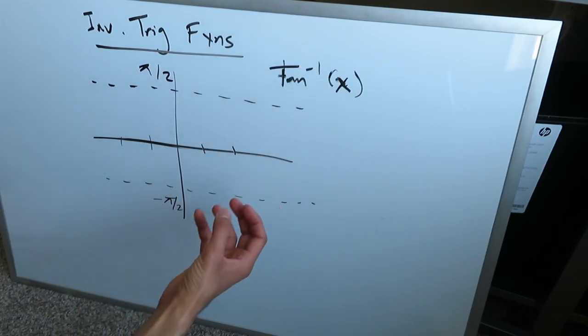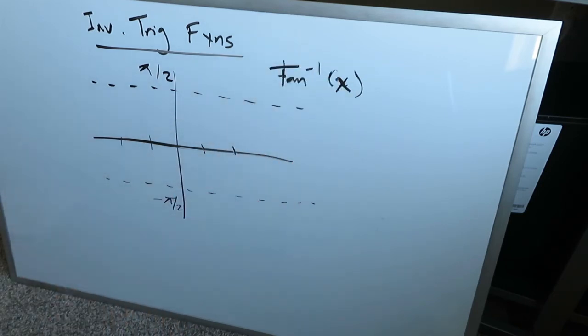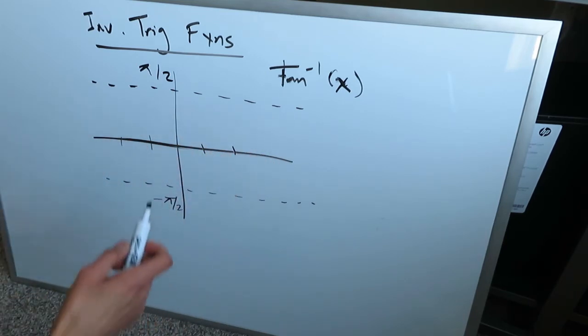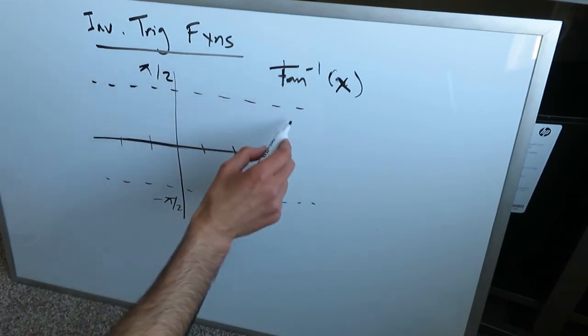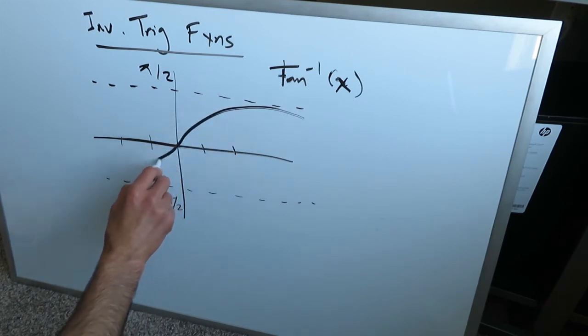You'd have a numerical answer and you want to determine what angle represented that, which is why angles represent the range values. The answers that you're trying to use to find the angle are your domain values. So how does this look in terms of the inverse tangent function? You get a curve for the inverse tan, something looking like this.